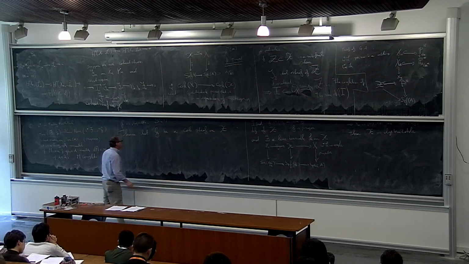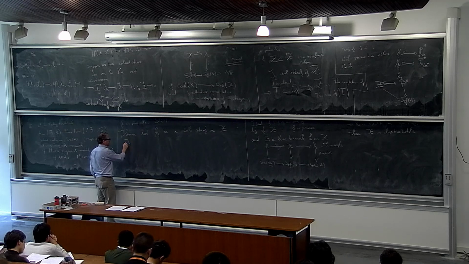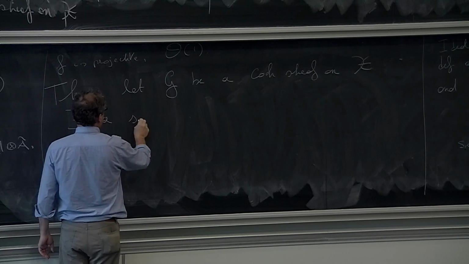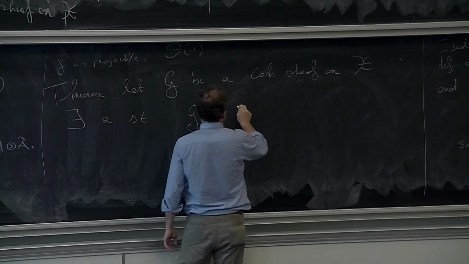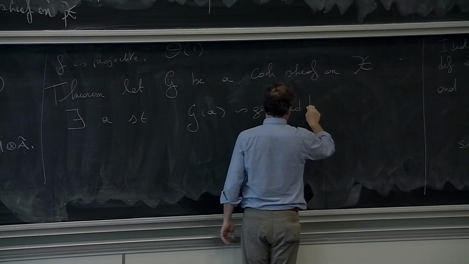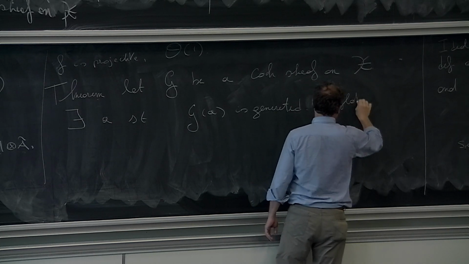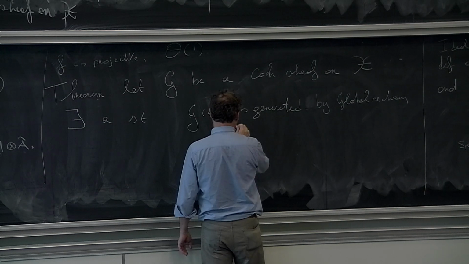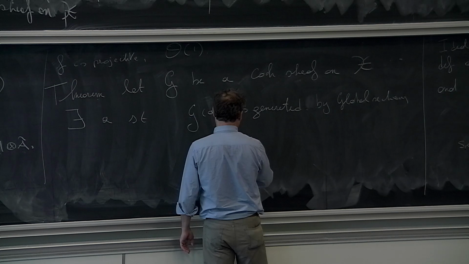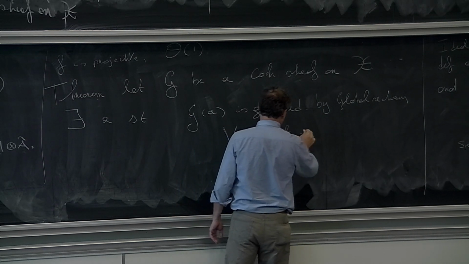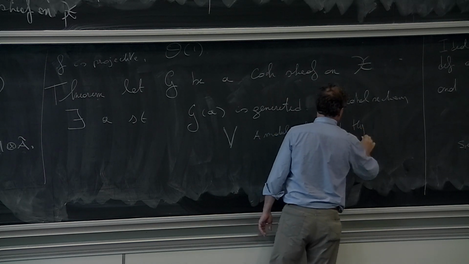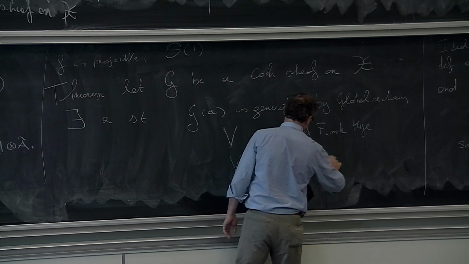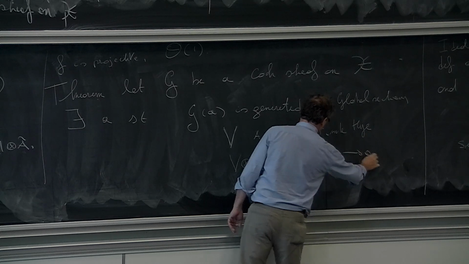I started with this, and then the theorem says there exists A such that G of A is generated by global sections, which means that I have a module V of finite type and a map from V tensor O_X to G of A, which is surjective.